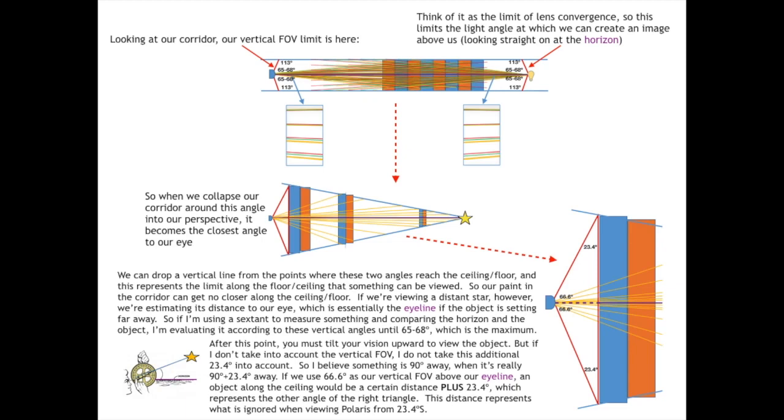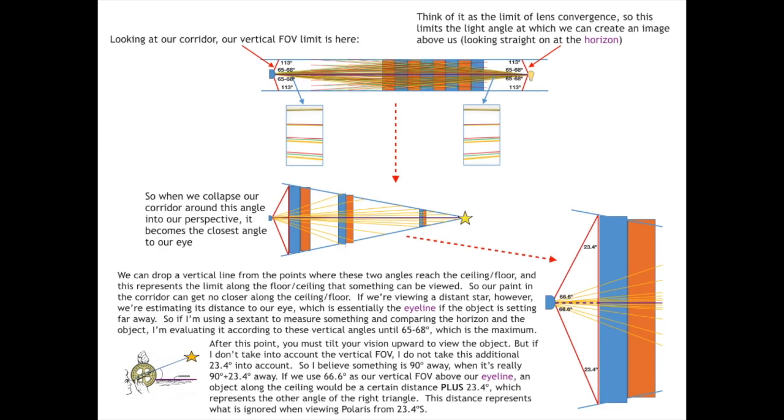But again, on a straight line view, we can still see an additional 23.4 degrees further. So again, our paint strips that are attached to the ceiling or floor may limit there, but looking straight on at an object, we still get an additional 23.4 degrees of vision.